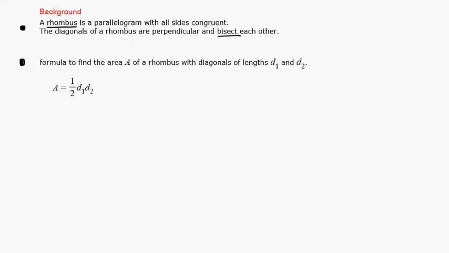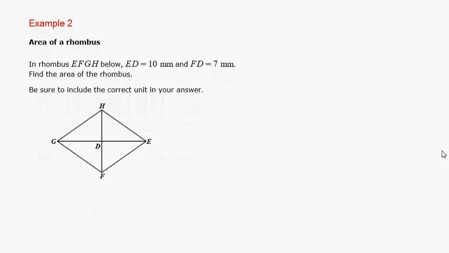I want to take a look at one more if you've got time, because here they do something a little bit differently. Here's a rhombus, and they say from E to D, so they're not giving us the diagonal this time. They're just giving us that amount. And from F to D is 7.